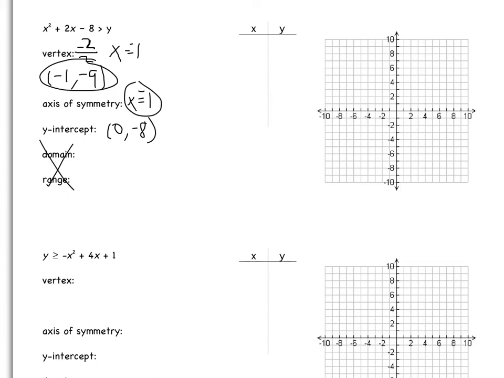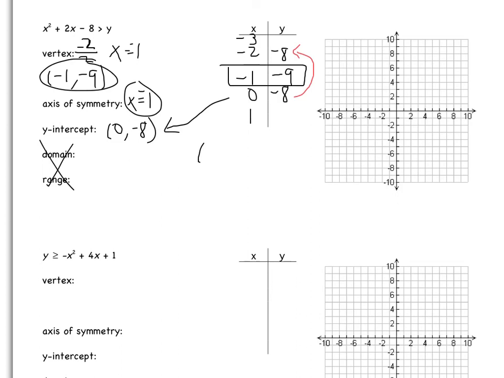In my table, I'm going to start with the vertex, so negative 1, negative 9. Go down 2, so negative 2, negative 3. Go up 2, 0, 1. I already substituted in 0 because it's the y-intercept, so 0, negative 8. By the symmetric properties of a parabola, when I substitute in negative 2, I should also get negative 8. So now I just need to substitute in negative 3 and positive 1.